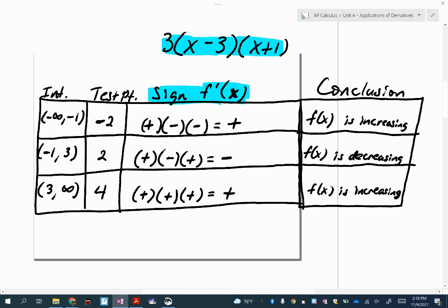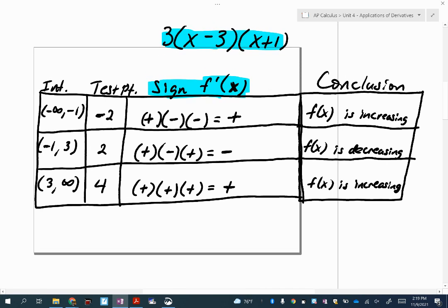Now, this is going all the way back to your work in pre-calculus, but if your function is going from increasing to decreasing, that's going to cause a local maximum. And if your function is decreasing to increasing, that's going to be where we have a local minimum. So what this means in terms of our extrema is that at these critical points, remember our critical points were -1 and 3, we have something happening at each of these.